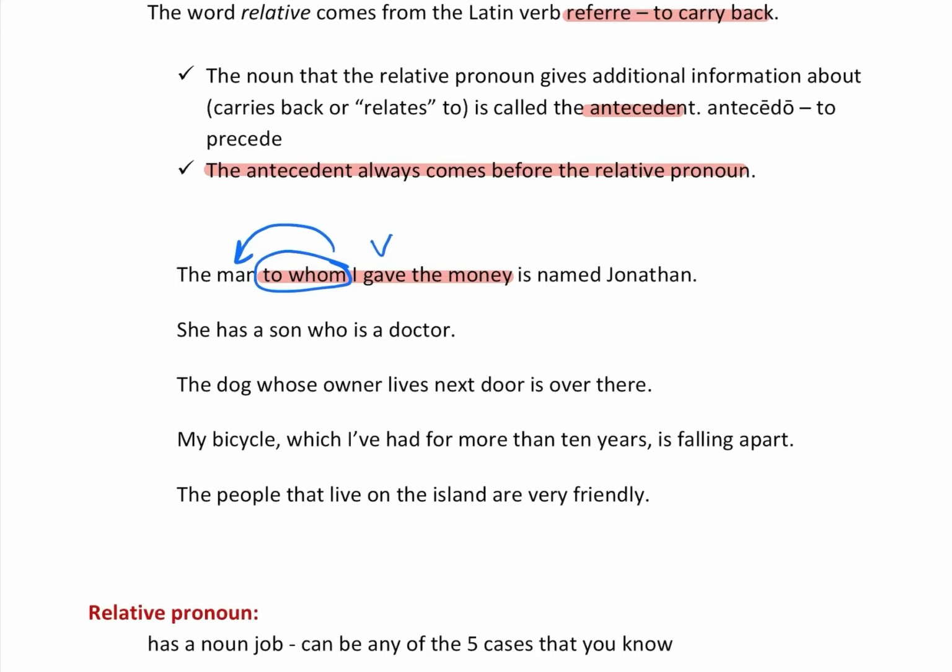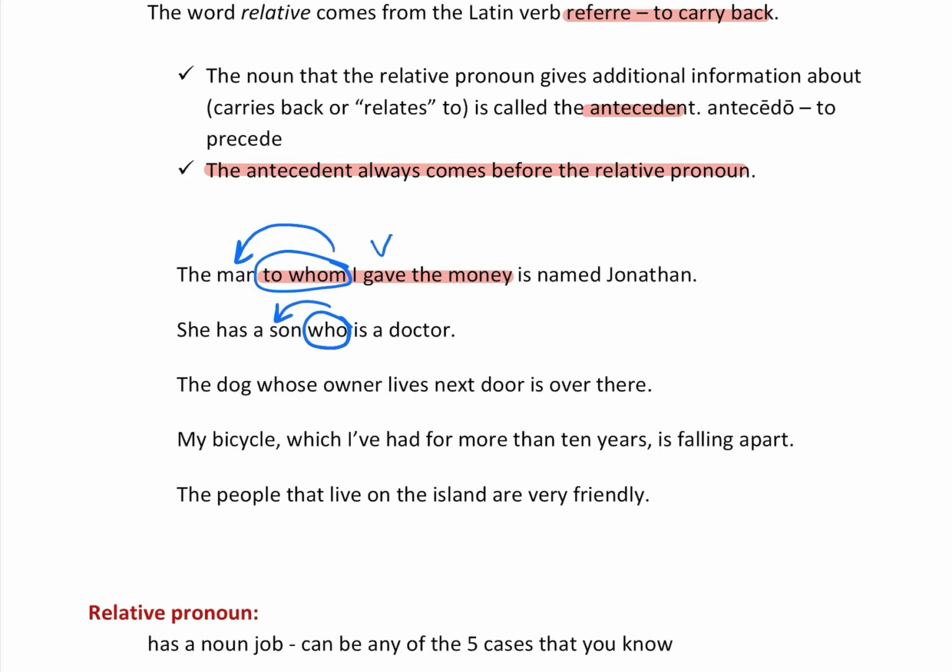All right, she has a son who is a doctor. So here again, the relative pronoun is who, and let's figure out who is referred to. Does who refer to she, or does who refer to the son? Who is the doctor? The son is.